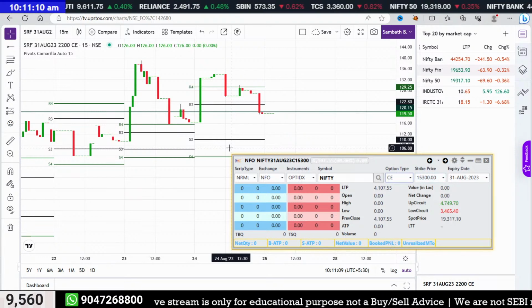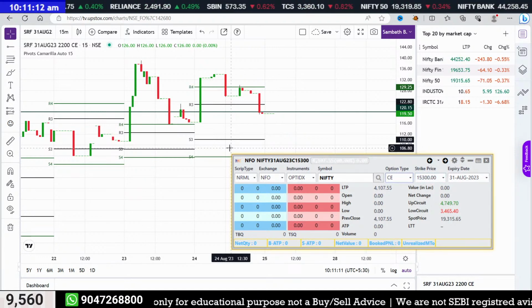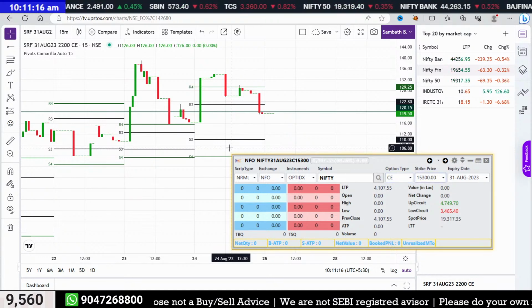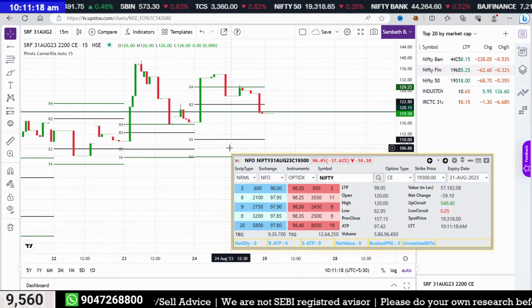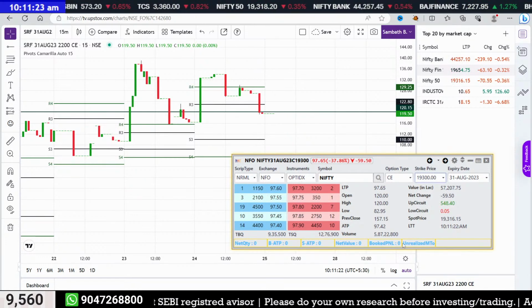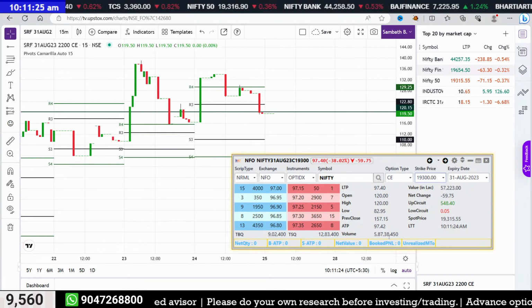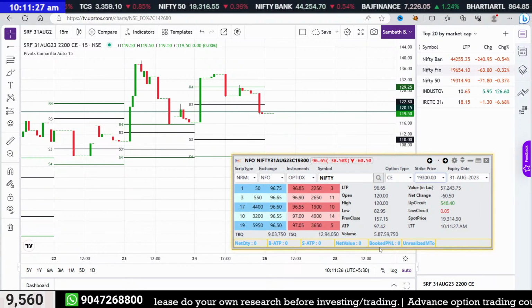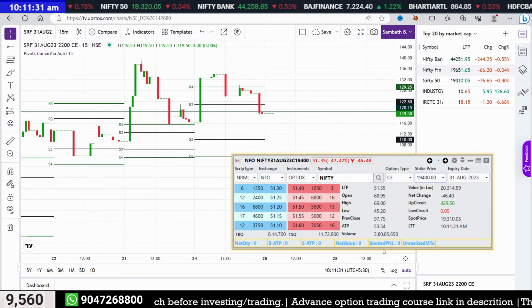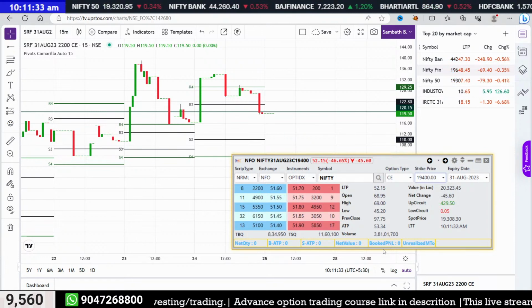For example, the current price of Nifty is 19,300. You can look at this Nifty 19,300. You can see the volume is almost 71,000, sorry, it's even more, 5 crores at this moment. If you check 19,400, 3.8 crores.